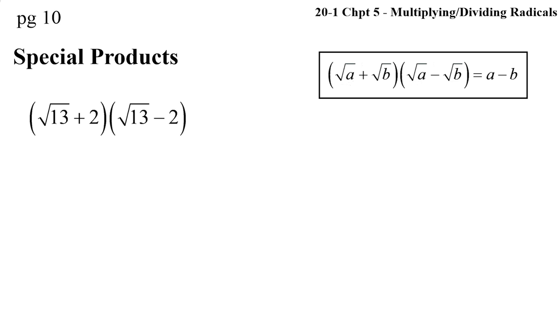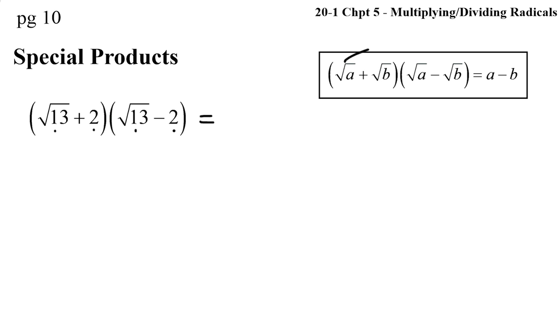One more time, root 13 plus 2 times root 13 minus 2. Conjugates: root 13 and a 2, root 13 and a 2, but we have the different signs. That makes a conjugate. If you recognize a conjugate, what does that mean?